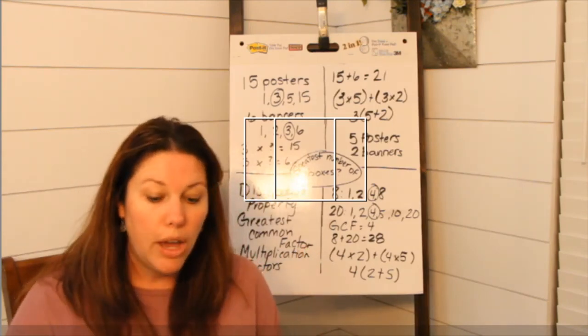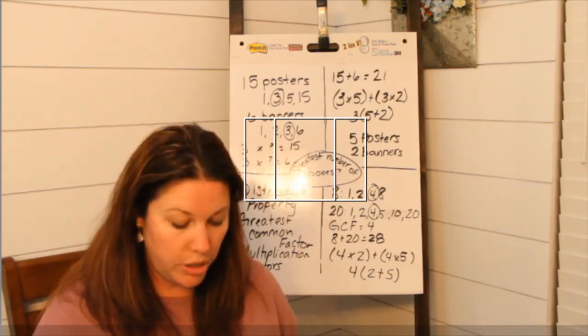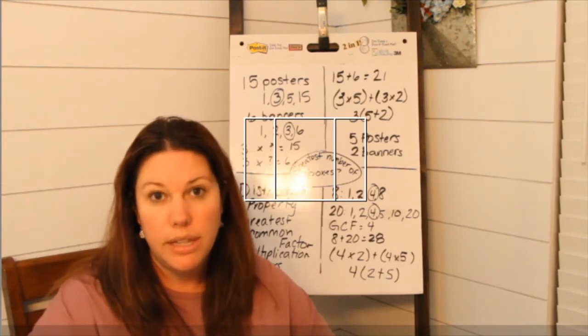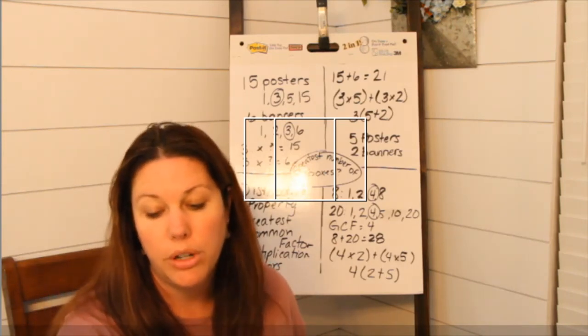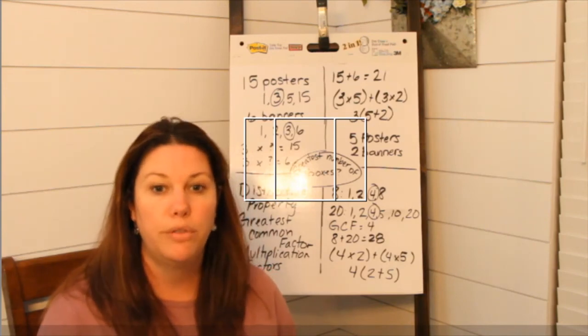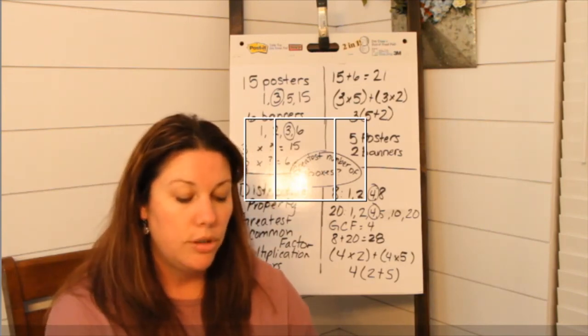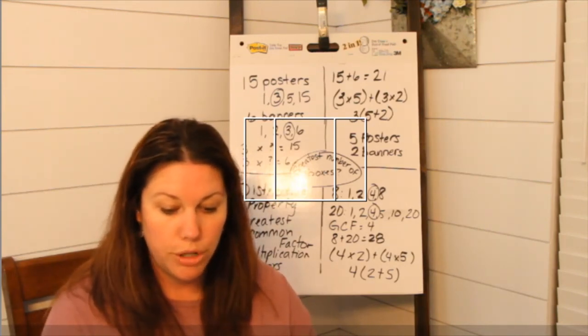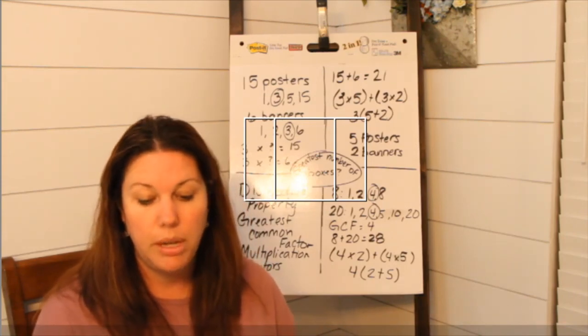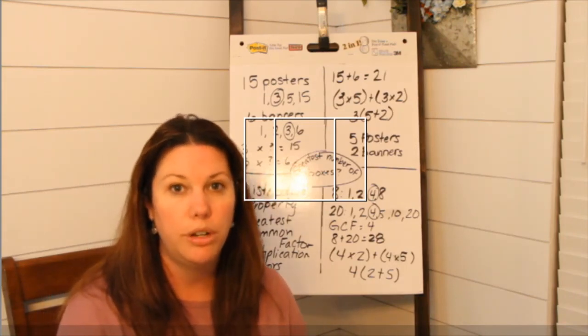Okay, so now that we finished page 106 and 107, that's the lesson that we would have done together. And what you're going to do now is you're going to work from your practice book. Remember, that's the orange book, you are going to work on pages 111 and 112.